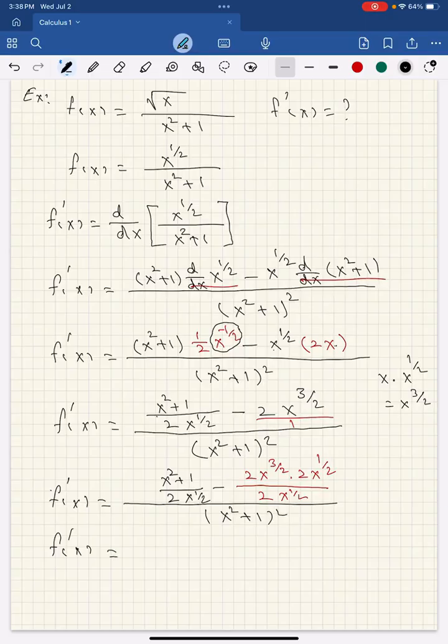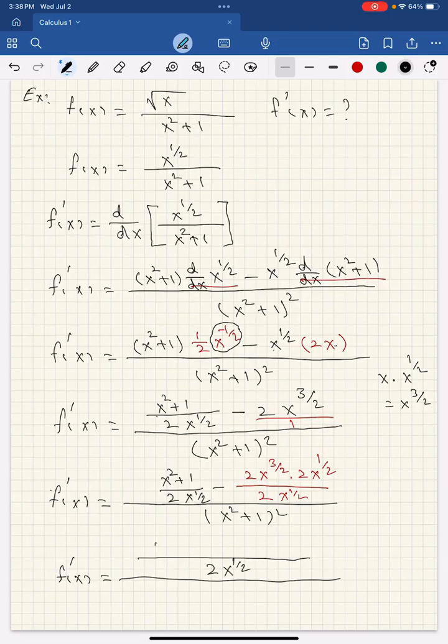f prime of x equals. Let me fix my notation a little bit because it's tight here. I'll put f of x here, f prime of x. This is your main fraction bar. In the top, 2x to the power of 1/2 common denominator.